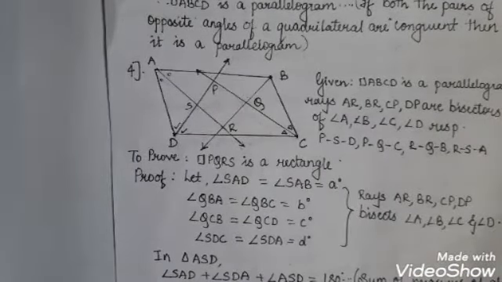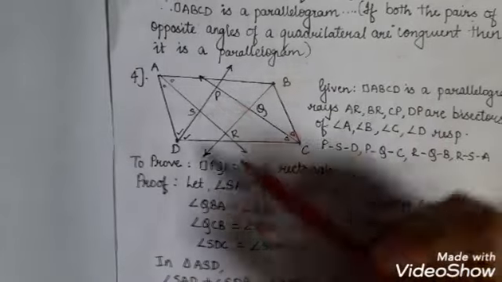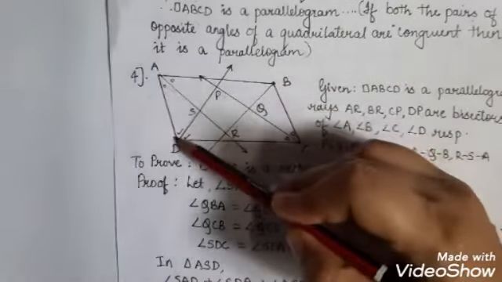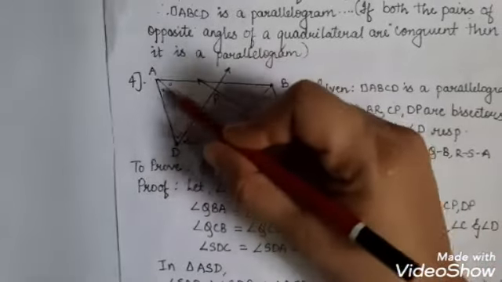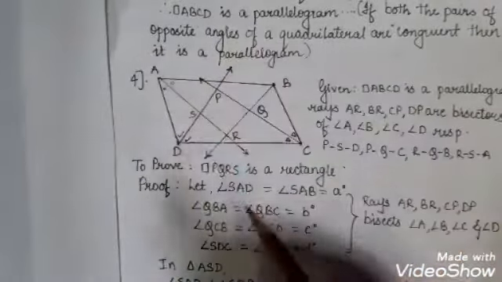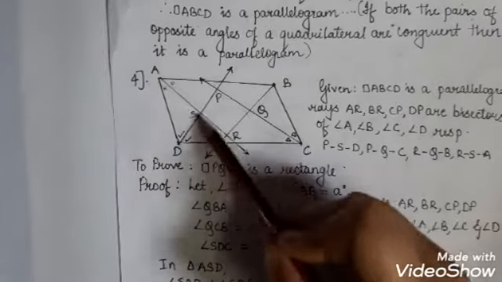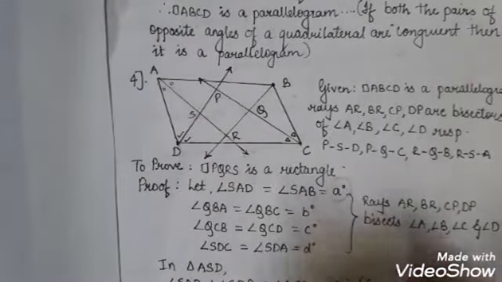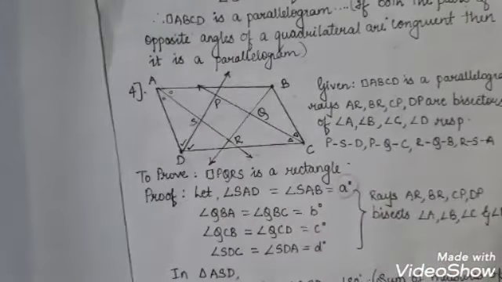Let's start. Let us assume angle SAD and angle SAB, that means the entire angle DAB is divided into two parts, angle SAD and angle SAB. I assume that each be A. Same for the others.